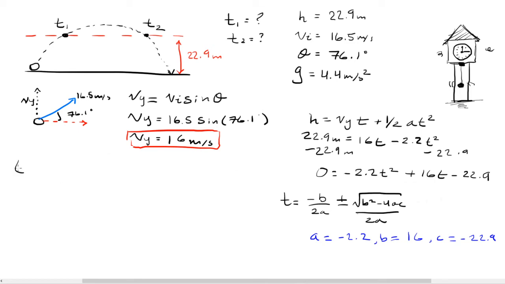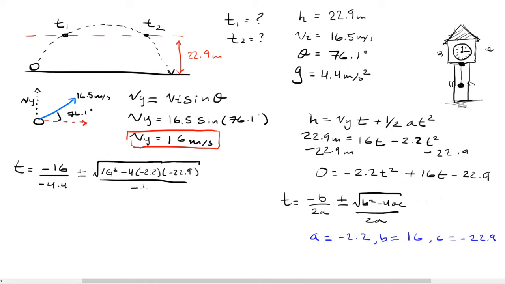We fill it in here: t equals negative 16 divided by 2 times a, which is negative 4.4, plus or minus the square root of 16 squared minus 4 times negative 2.2 times negative 22.9, divided by negative 4.4.